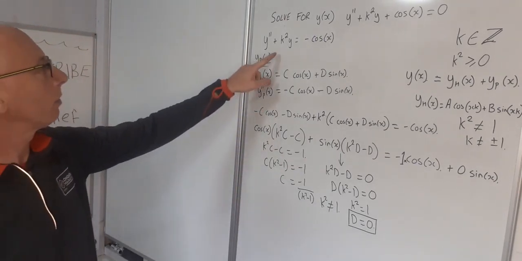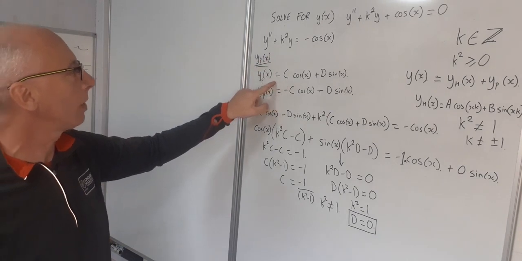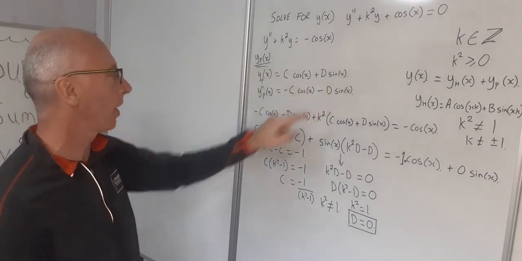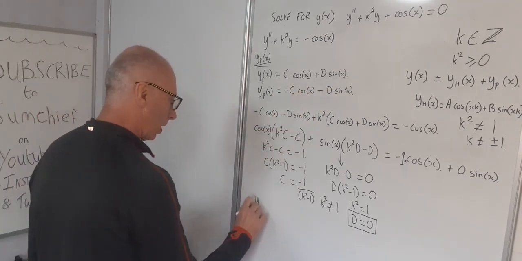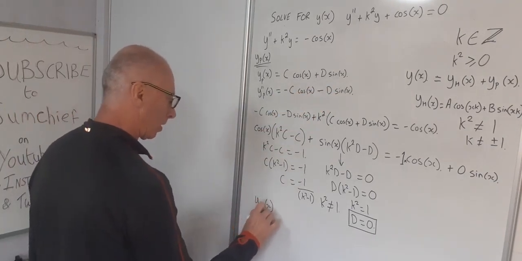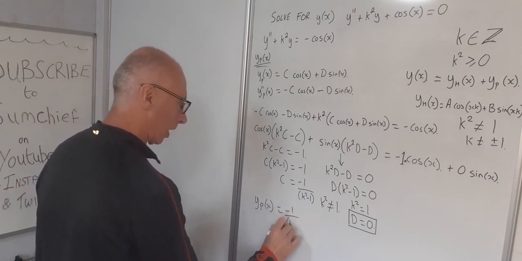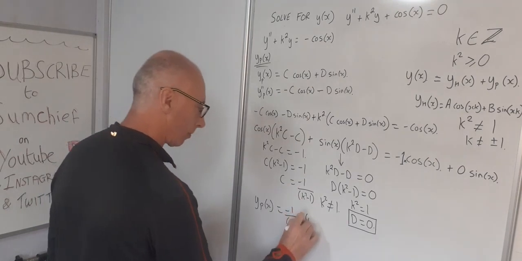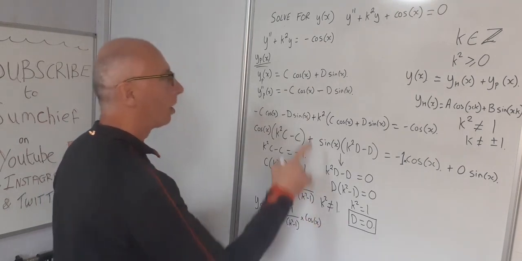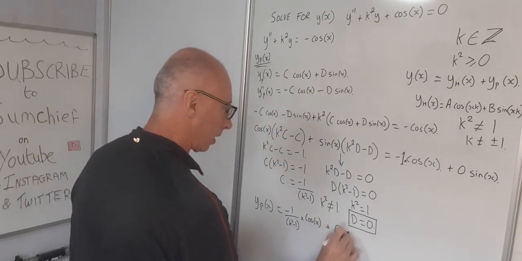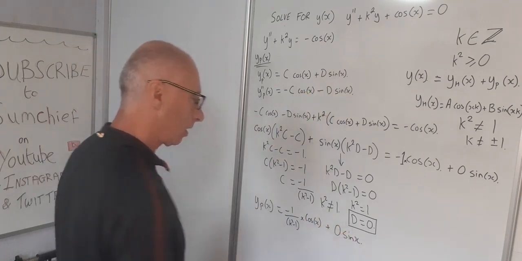Now our function here, the particular solution, is y equals c times cosine of x plus d sine of x. So therefore we say our y p of x equals c, which is minus 1 over k squared minus 1, times cosine of x plus d, which is 0, but I'm just going to write it in anyway, 0 sine of x.